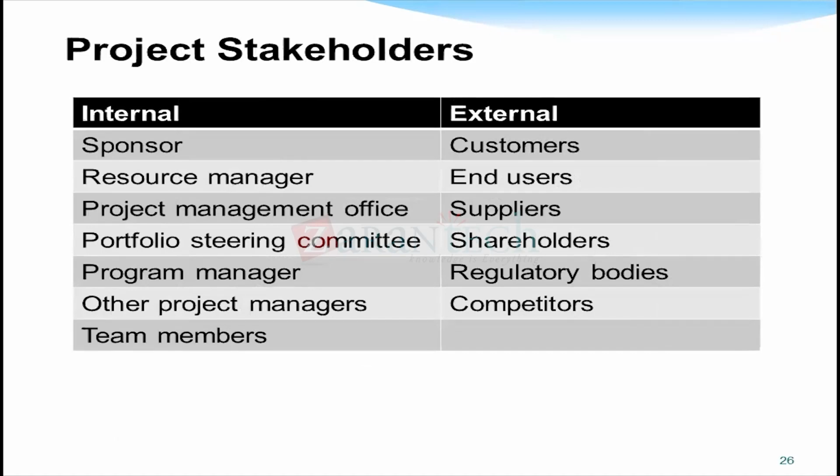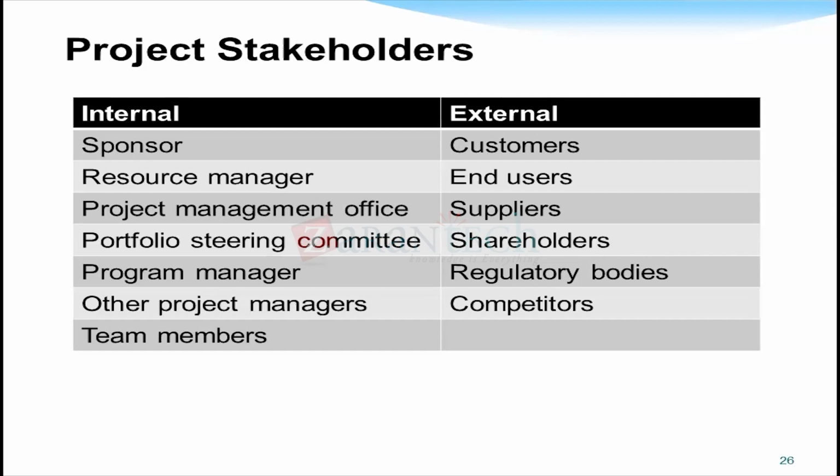One more term is project stakeholders. You have done this as part of BA: internal and external stakeholders. Stakeholder is a generic term for anybody who is directly or indirectly related to the project or affected by the outcome of a project. They can be internal to the company or external to the company.